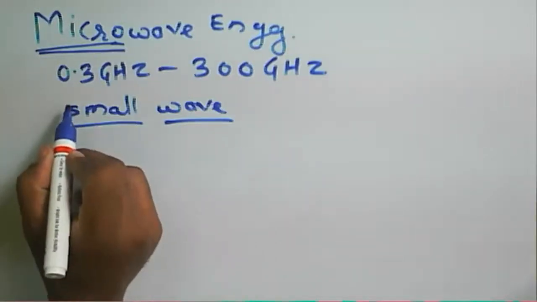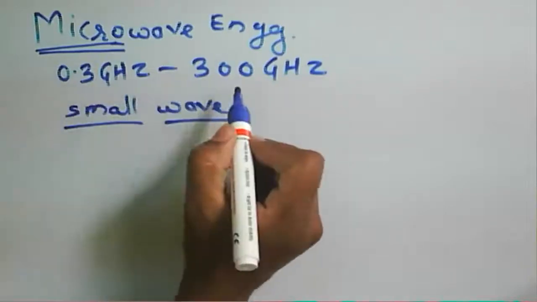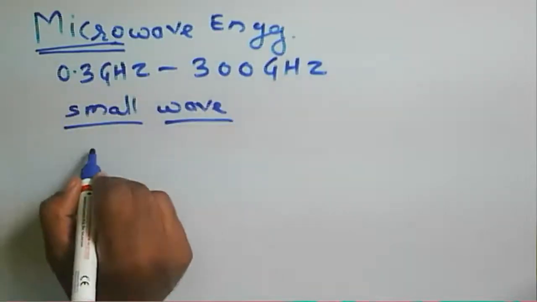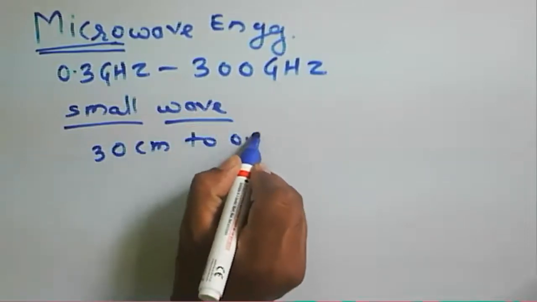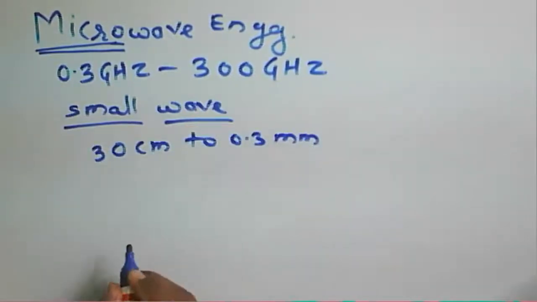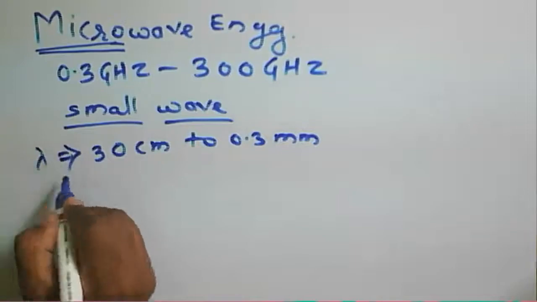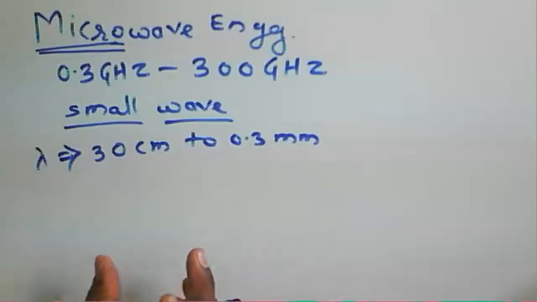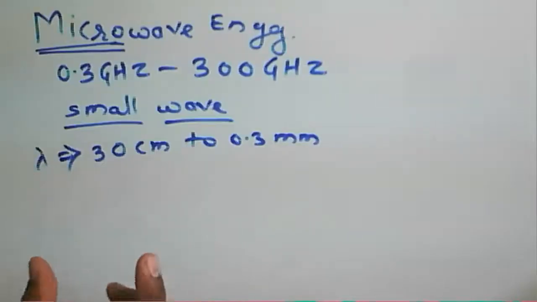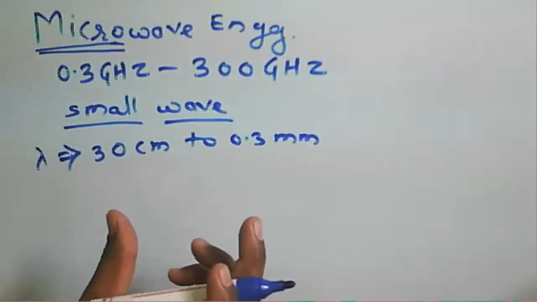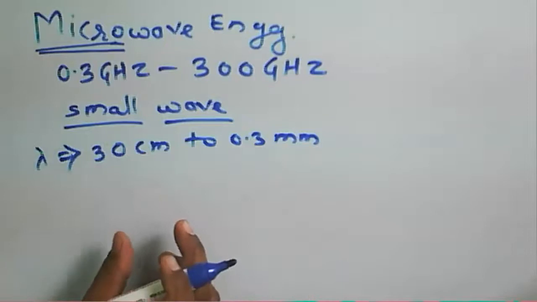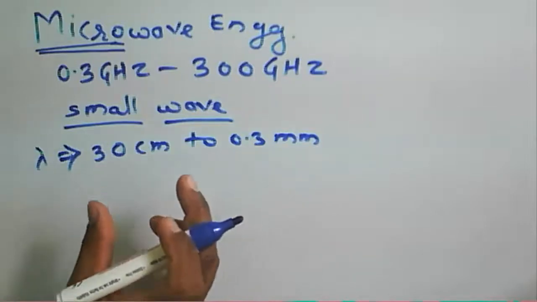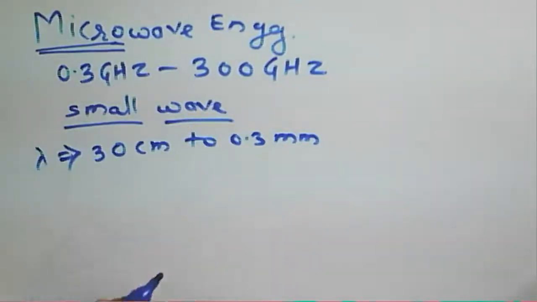At 0.3 gigahertz, the wavelength is about 30 centimeters, down to 0.3 mm at the upper end. So the microwave frequency range has a small wavelength, and based on this wavelength and frequency, we have a few characteristics of microwave engineering.